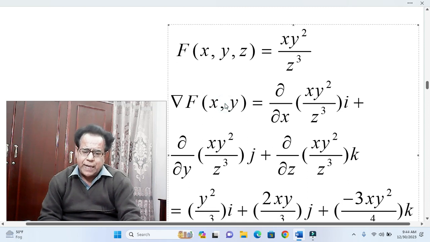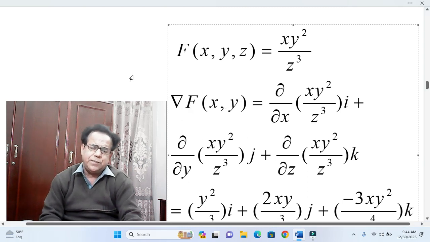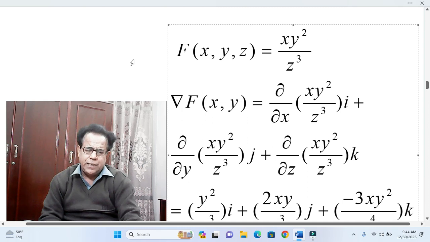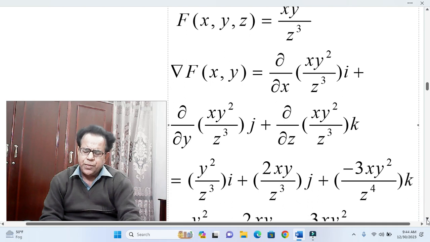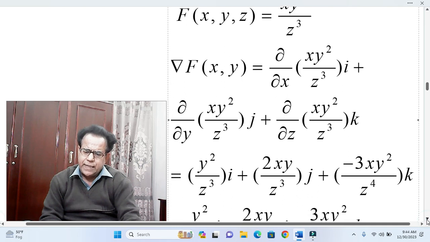I admit this is a minor mistake. It can be rectified during the lecture, but it may cause trouble, our system may hang, so I do not remove this mistake. I verbally tell that here z will also come. So partial over partial x of this factor i, plus j, plus partial over partial z k.